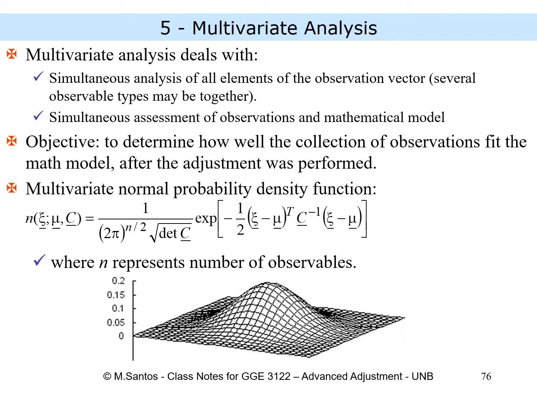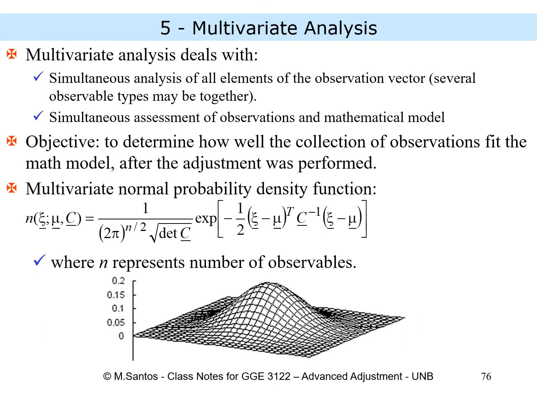When we talked about univariate analysis, we had only one probability density function. We used a normal or Gaussian PDF, and that was associated with the set of observations that we were testing.